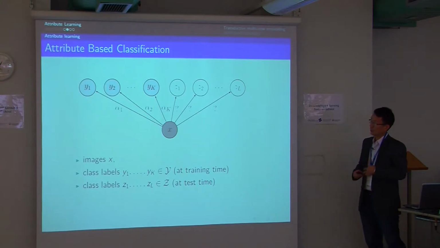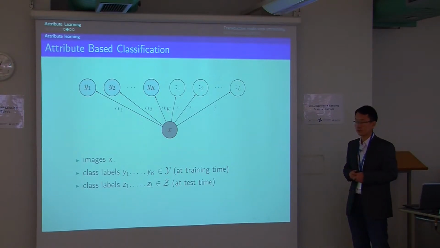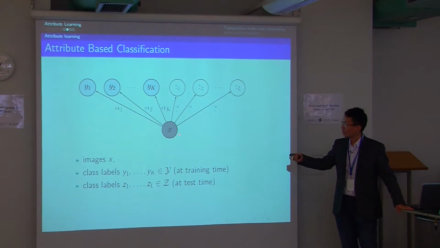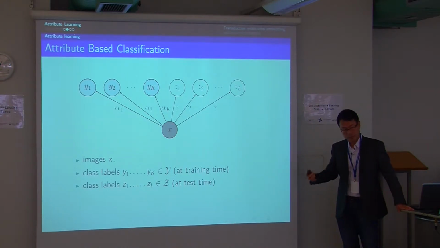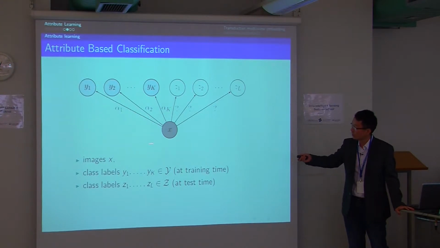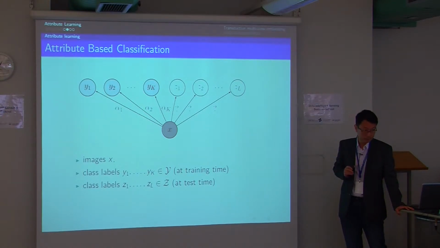Okay, so if we present this formally, this is an illustration of the zero-shot learning problem. You have each image represented by a feature vector X, and during training, you have a set of images which has been labeled into different classes Y1 all the way to YK, right?